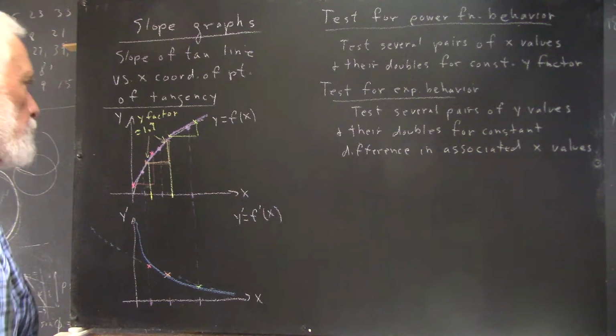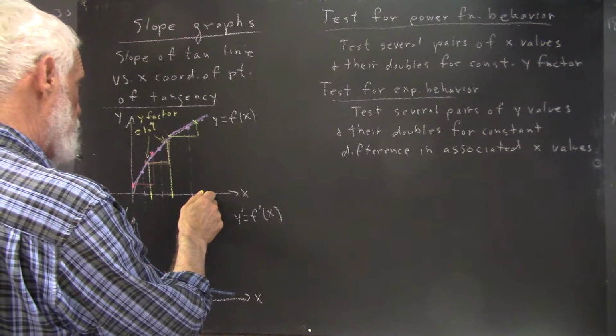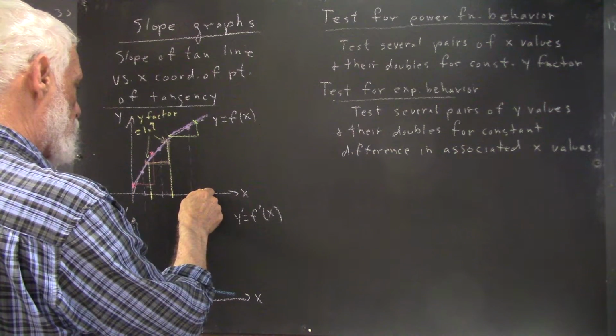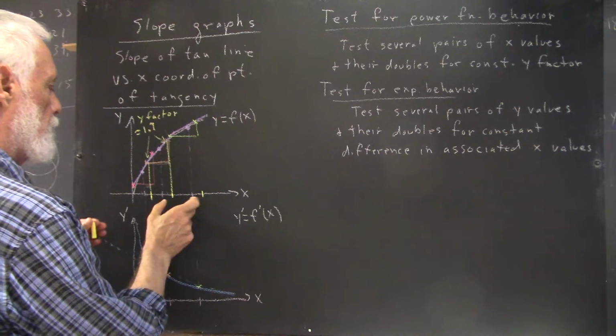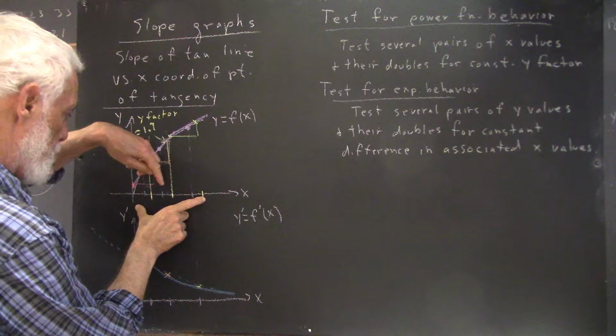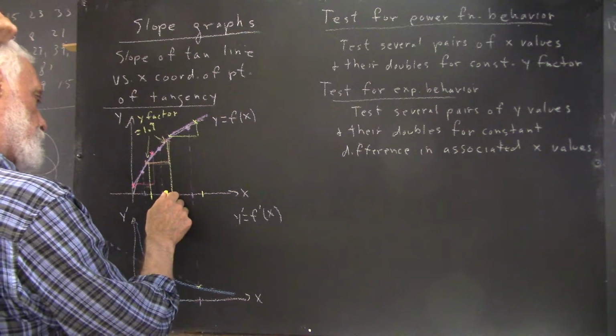Okay, now, I'm going to choose two other doubling x values. Let's see, I'm going to go out to here, and I'm going to take half of that value. Well, you know, midpoint between here and here, it's not here, it's a little to the left of this. So I'm going to take this.